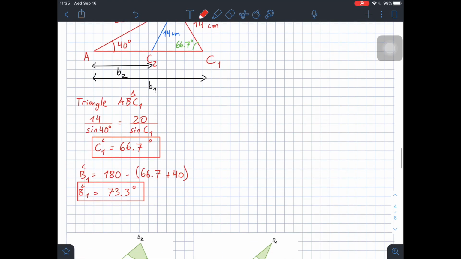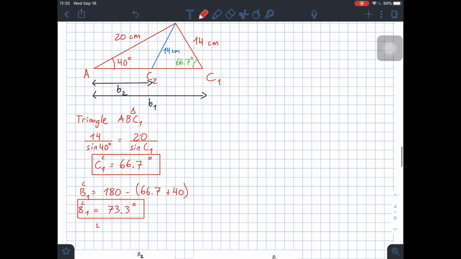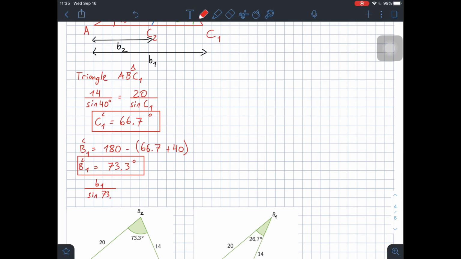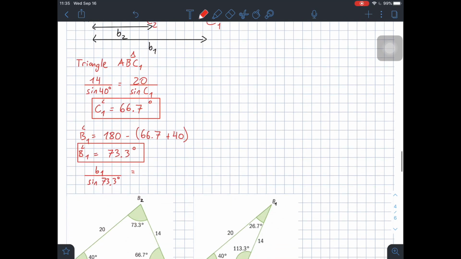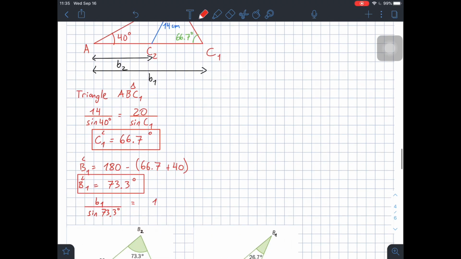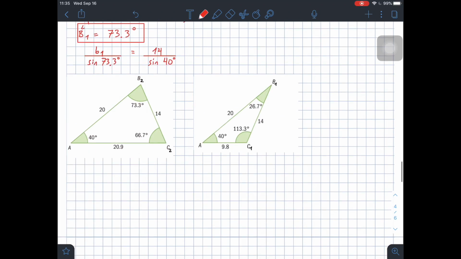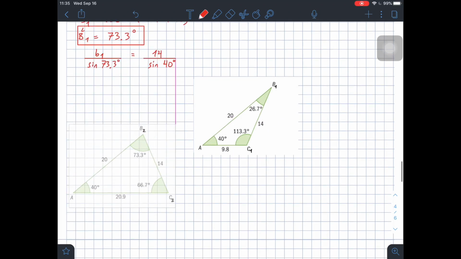We're going to say that B1 is to sine of angle B1, and we already have the result, 73.3 degrees, as 14 is to sine of 40 degrees. We can use any; I'm going to use A.